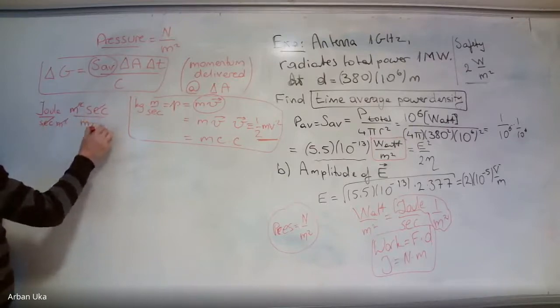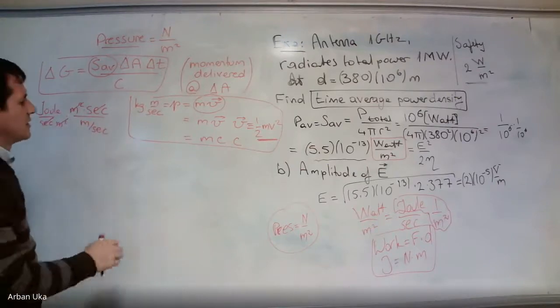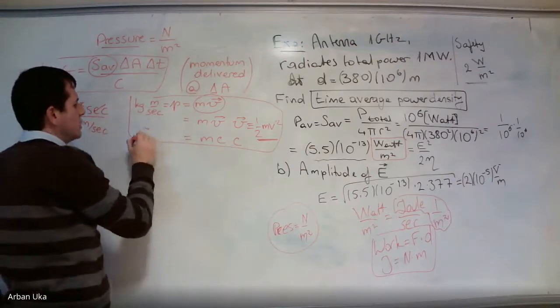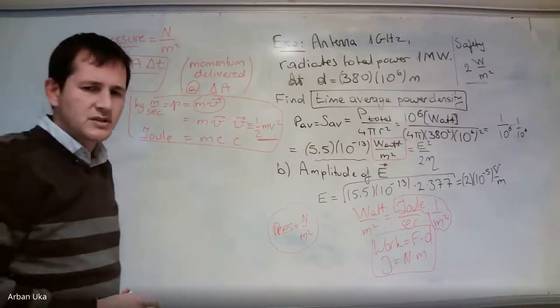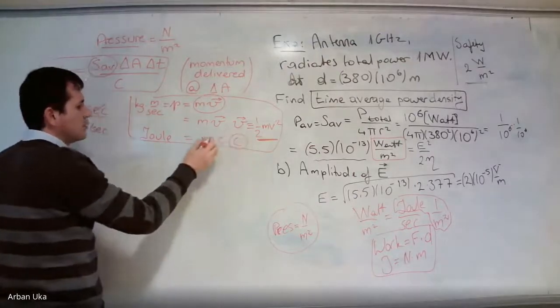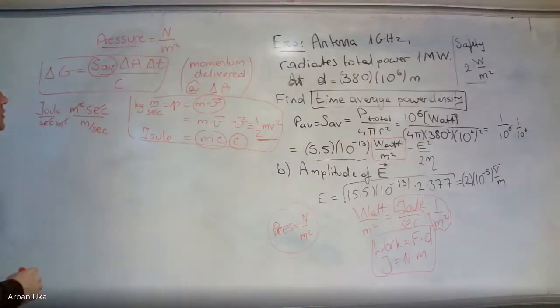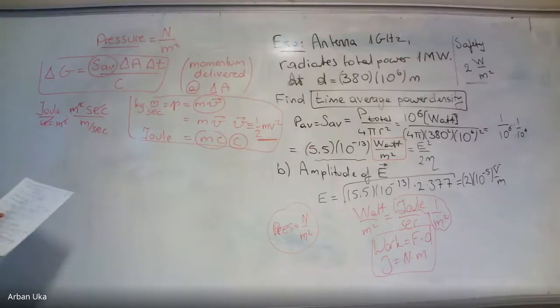So joule divided by meter per second, what is it? This is also joule, just using the principles of whatever we can remember from classical mechanics. So joule divided by meter per second, we get momentum. So it looks like we are good. Here we define the momentum delivered at the delta A, and we looked carefully at the units.